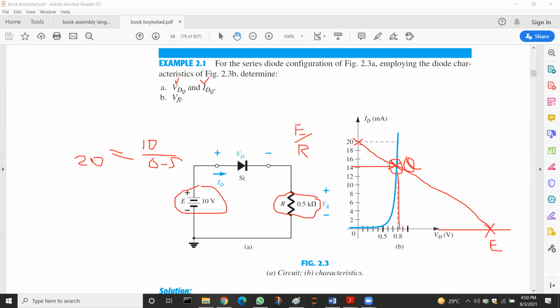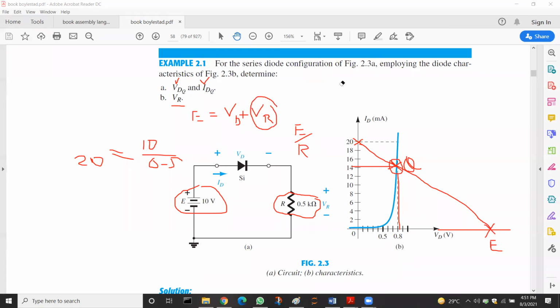Similarly, we can find the voltage across R by using the formula that the voltage E is divided into the voltage across the diode and the voltage across R. As E is known as 10 and VD is found from this part, by putting these values we can find the value of VR.